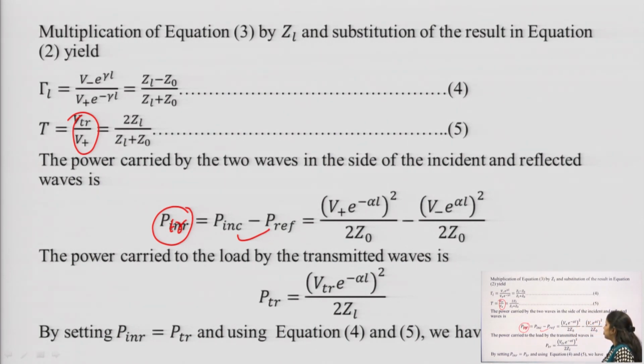This is the expression of the power of the incident wave and this is the expression of the power of the reflected wave. The incident wave is represented by V plus e to the power minus gamma L. Here we have taken only the attenuation part; we can have the gamma also. So V plus e to the power minus gamma L is the incident and V minus e to the power gamma L is the reflected, and we know power is given by V square upon Z.